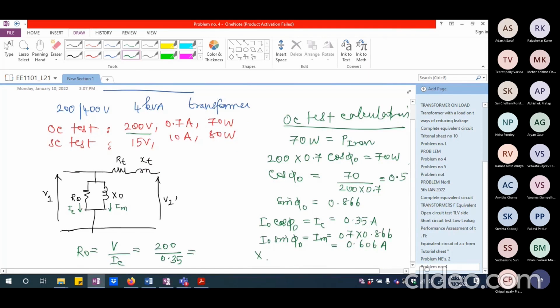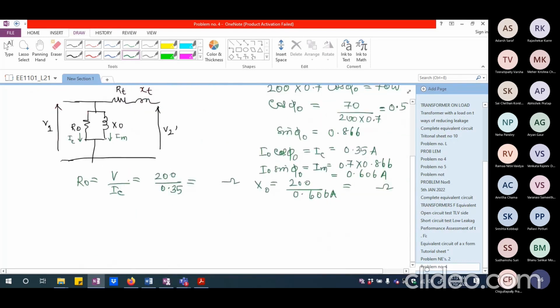And XM or X naught in this particular case is going to be 200 divided by 0.606 ampere. So you will get these two values as R naught and X naught. R naught I think is 571 ohm and X naught is 330 ohm. Please check the calculations.